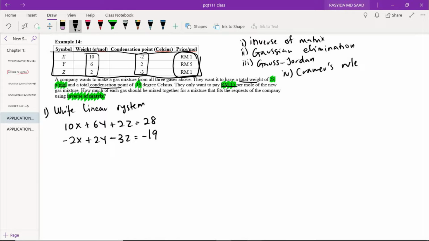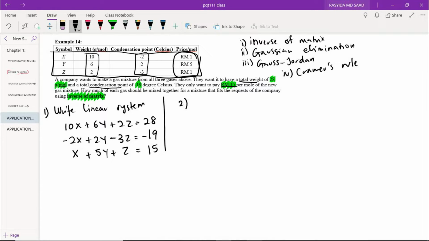So it will be x plus 5y plus z, equal to 50. After you write down the linear system, then we can write it into the matrix form, which is AX equal to B.